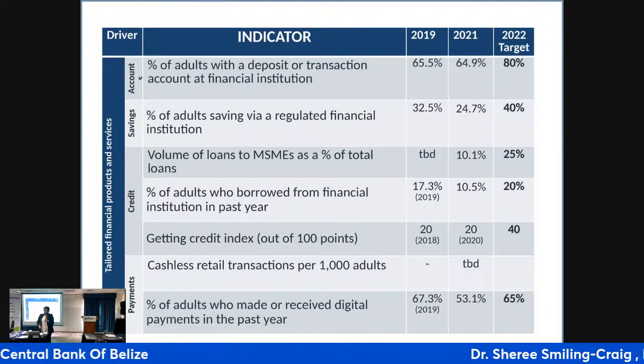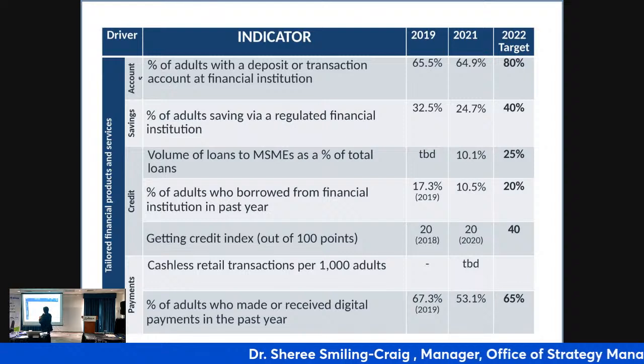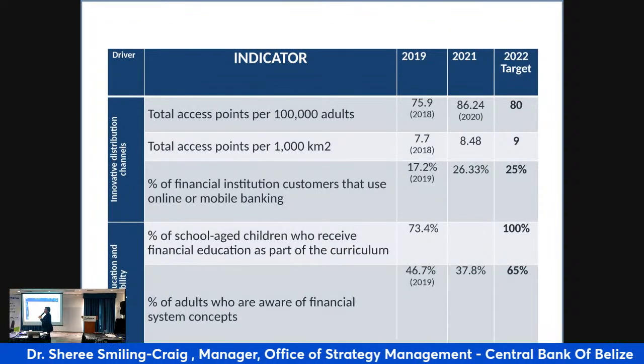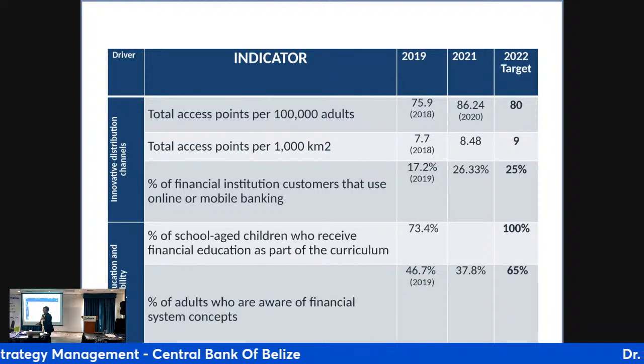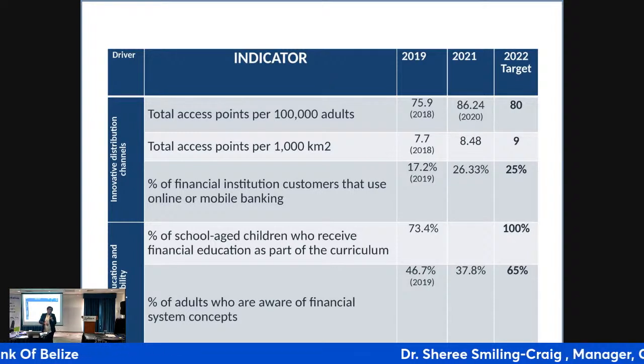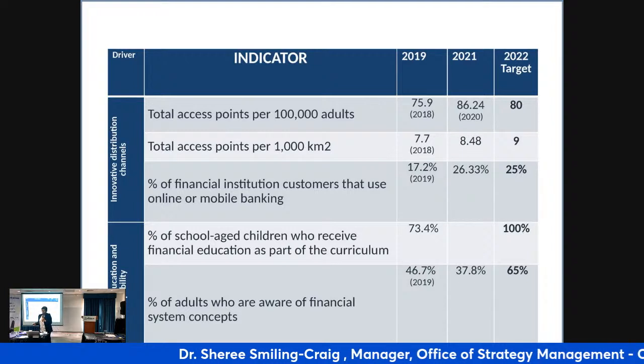All right, so these are some other indicators. You will notice that here, percentage of children who receive financial education as part of their curriculum. We want all, and that is one of our big aims with working with the Ministry of Education. We don't have a 2021 data because, of course, schools were closed to a large extent or working remotely.